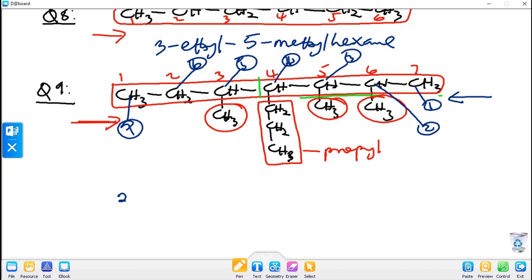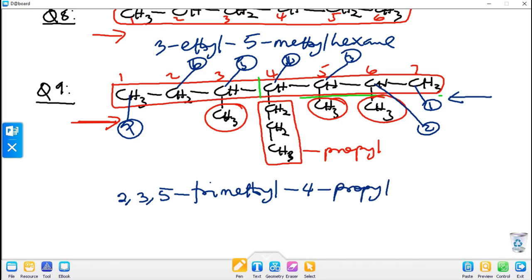So this automatically will be 2, 3, 5 trimethyl. Methyl comes first. Forget about the tri, because the tri only tells us that there are 3 of them. 2, 3, 5 trimethyl, 4 propyl, heptane.